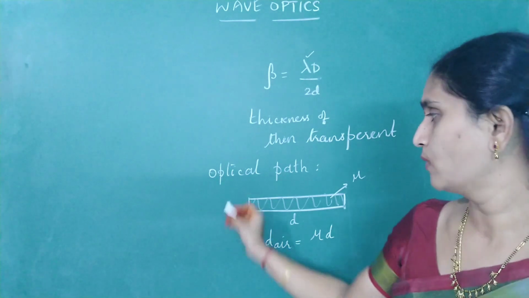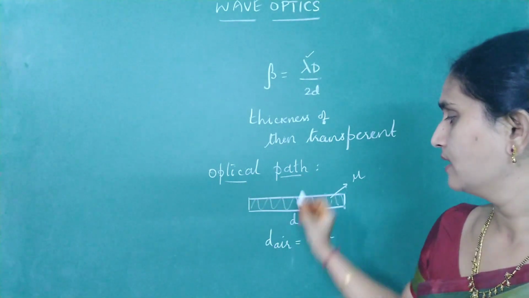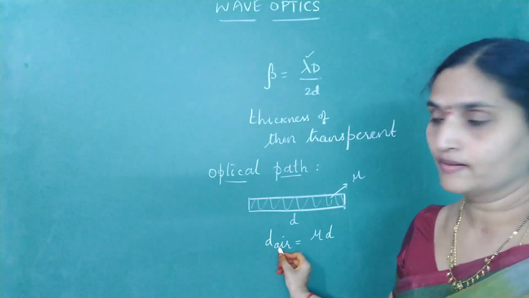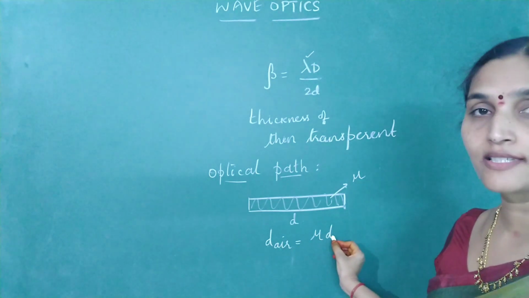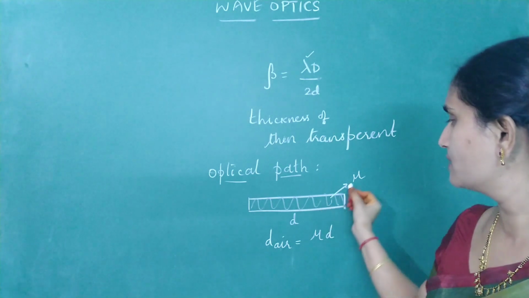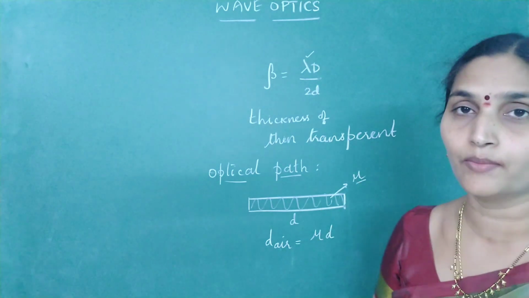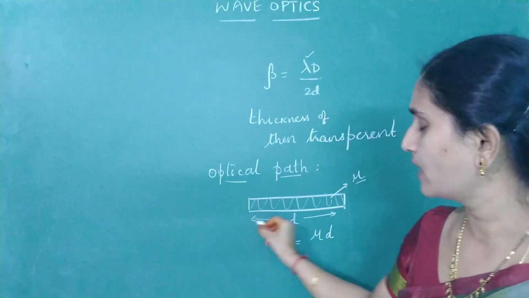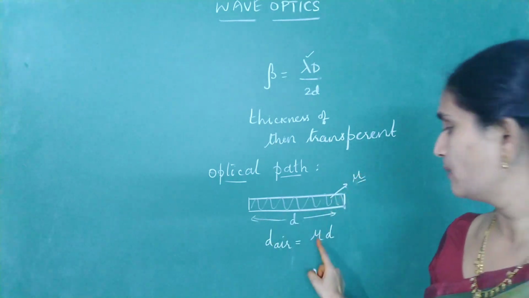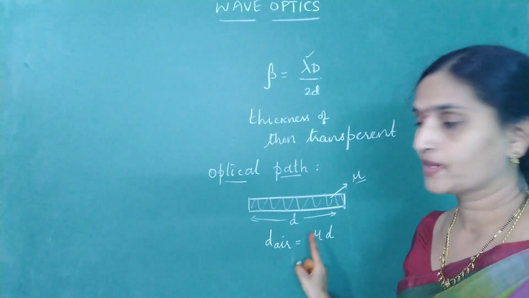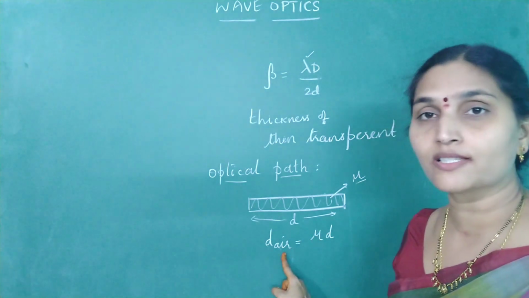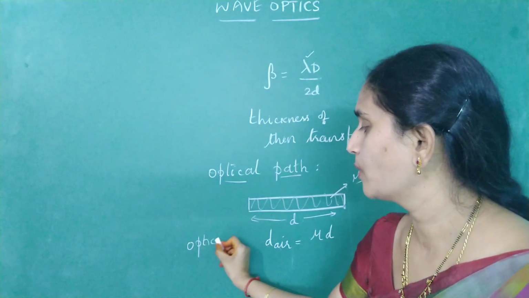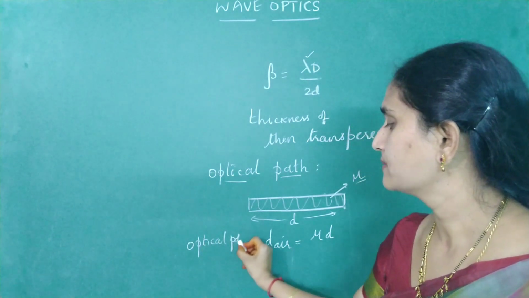Again I repeat, what is the meaning of optical path? The equivalent distance travelled by light in air if it travels a distance d inside a medium of refractive index mu. The product of mu into d gives you the equivalent distance in air, and this distance we call the optical path.